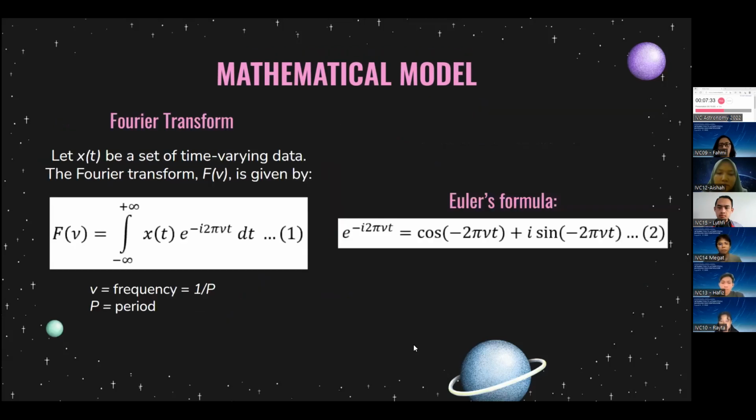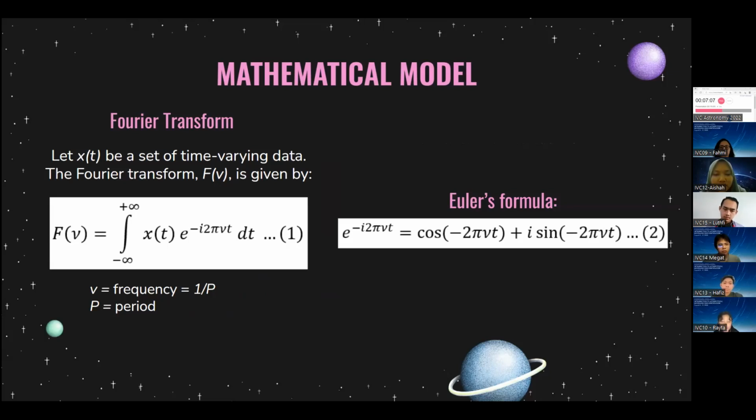Next slide, please. Let's look at the equation that governs this Fourier transform. Letting some function x of t be a set of time varying data, the Fourier transform is given by equation 1, in which it's a function of frequency, keeping in mind that frequency is also 1 over period.